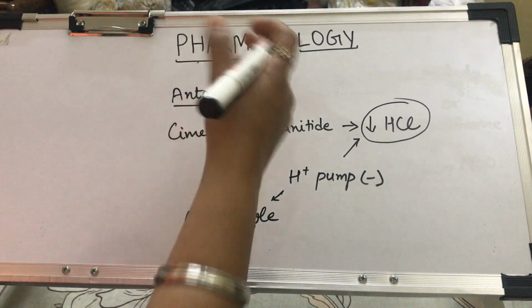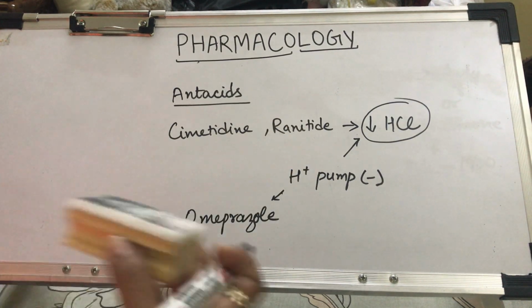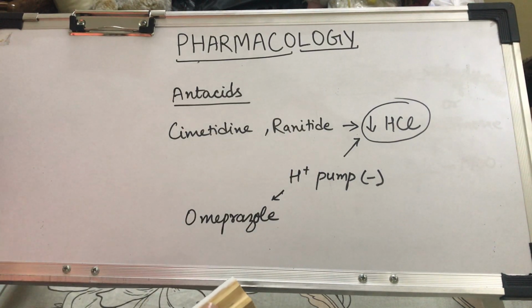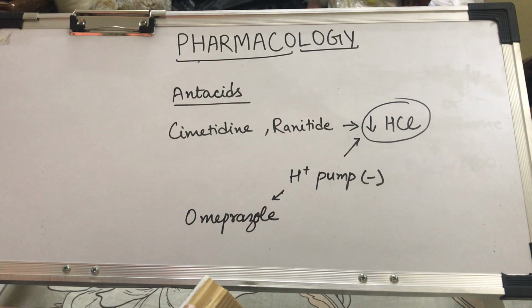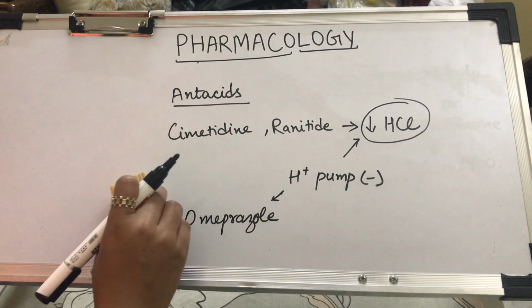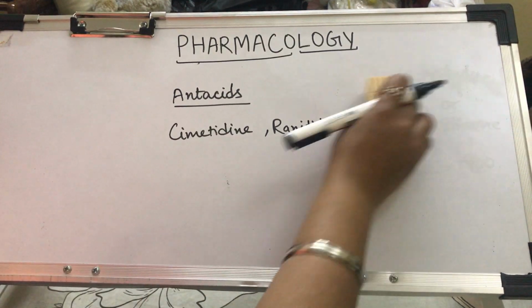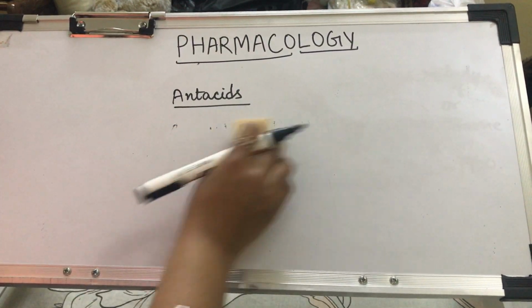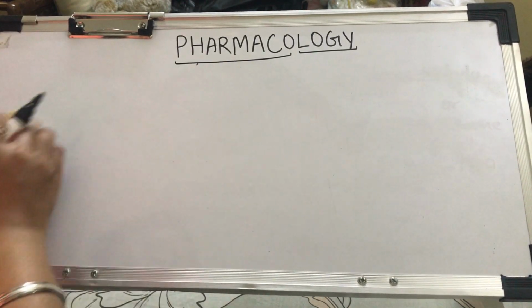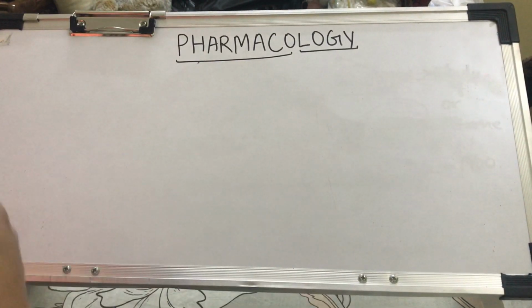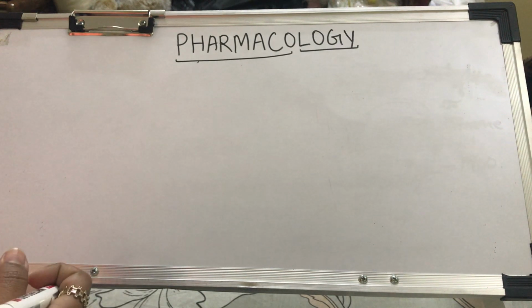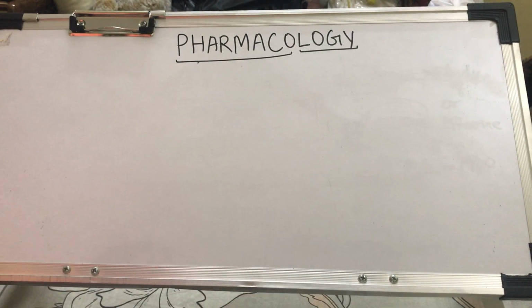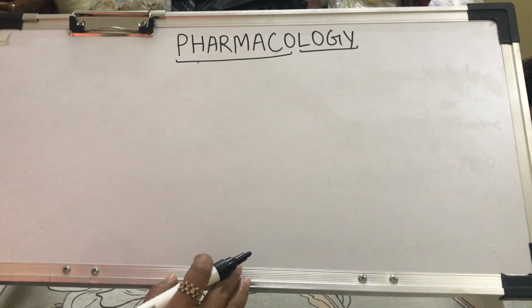When we know that HCl is increased in case of peptic ulcers, we need to find agents which are going to reduce the HCl. So we know what the dysfunction is and we are finding ways to correct it. This is the scope and the need of pharmacology: in order to correct diseases, we need to know what the basic problem in that disease is, and we find ways to correct it.